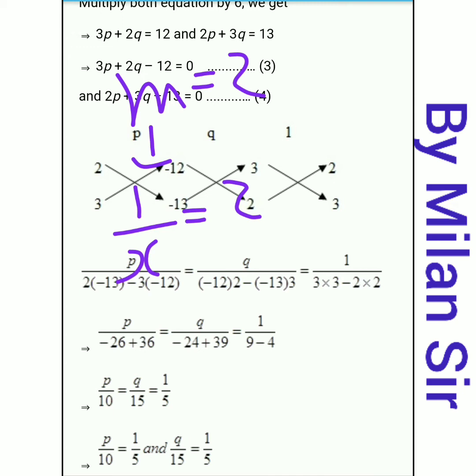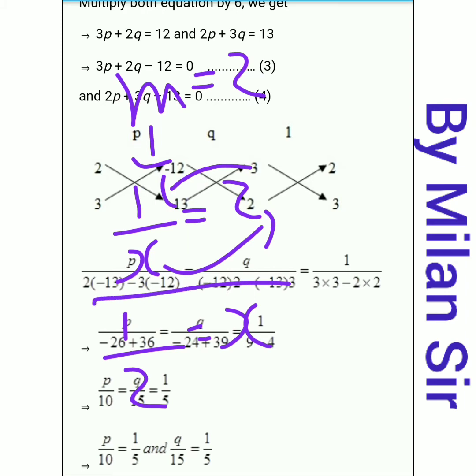So in place of m, 1 upon x. Now transfer this x to the left hand side and this 2 to the right hand side. So 1 as it is, 2 goes to the denominator. So finally x is equal to 1 by 2. Okay, x is equal to 1 by 2.